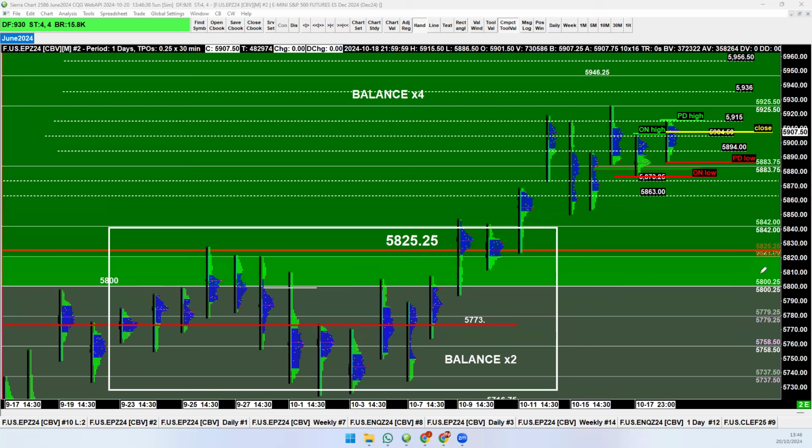So for you dyed in the wool short sellers, there's not going to be any change until we take out 58.63 and take out this level right here, which is right around 58.55. Until we take that level out and the market goes underneath. And why would it go underneath?